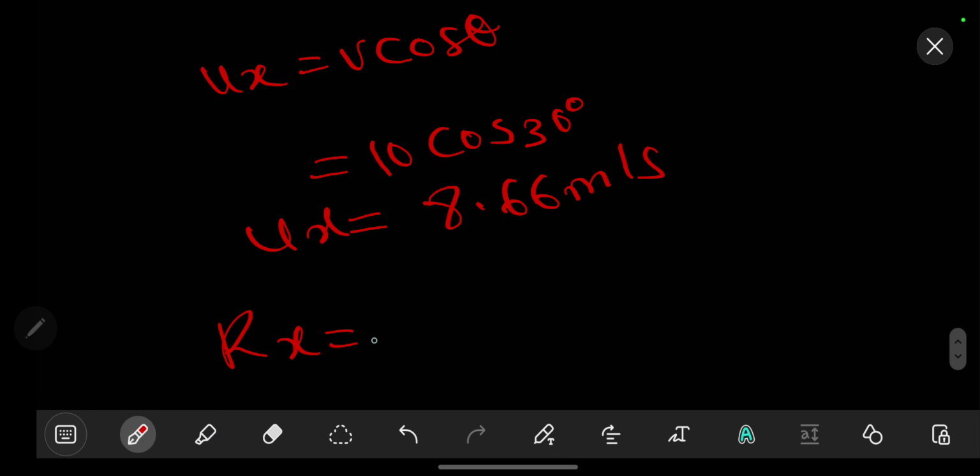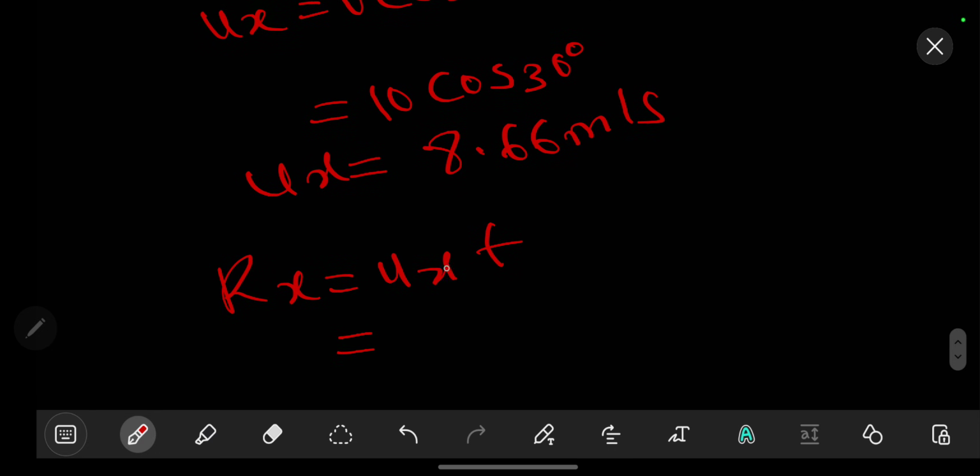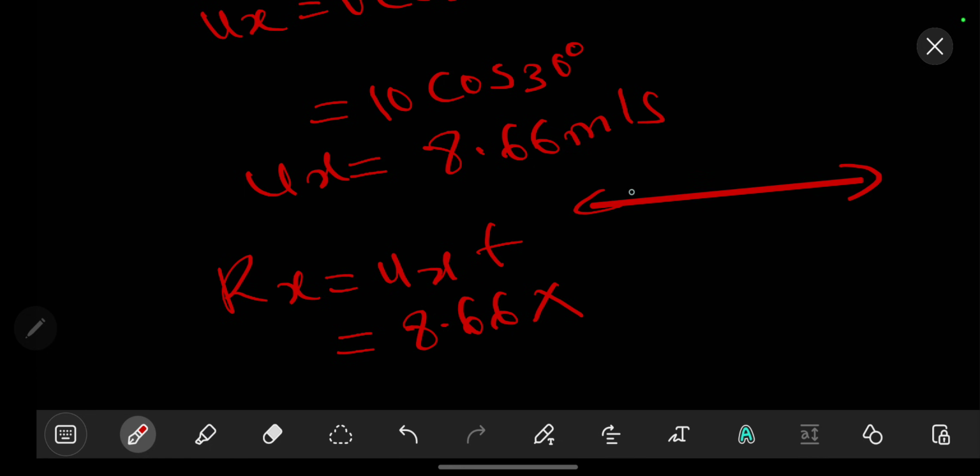So we can now find our range. Our range should be equal to ux times t, which is 8.66 times the time. What is the time? The range, meaning the distance in the x, only runs until it strikes the water, so the time it takes to strike the water is the same time it takes to move in the x.